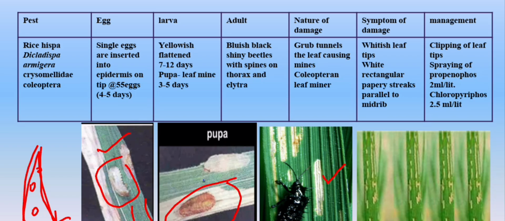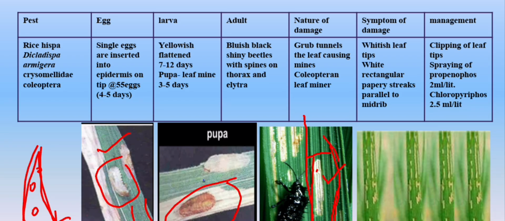Symptoms are whitish leaf tips and rectangular leaf blotches which are caused by the mining of the grubs. Here you can see the symptom clearly. See, this is a rectangular leaf blotch, white leaf streaks in the shape of a rectangle. So rectangular papery streaks which are parallel to the midrib. This is the midrib of the rice leaf, and this is parallel to the midrib.